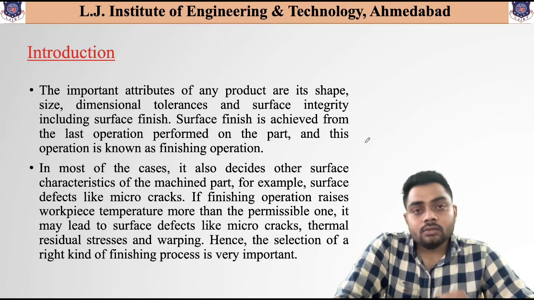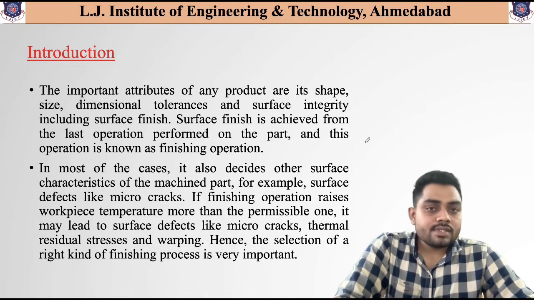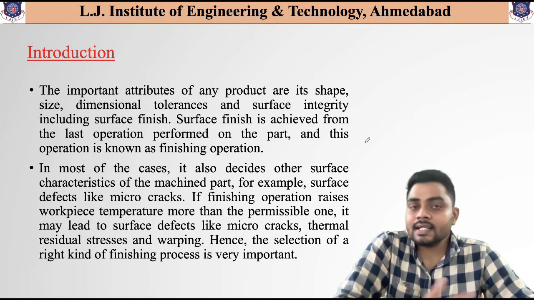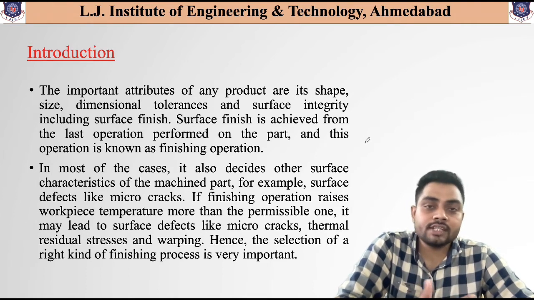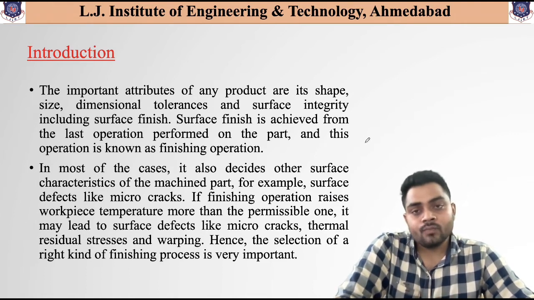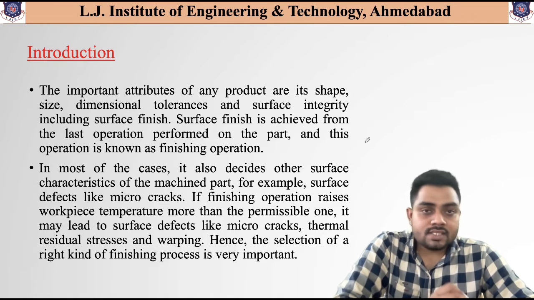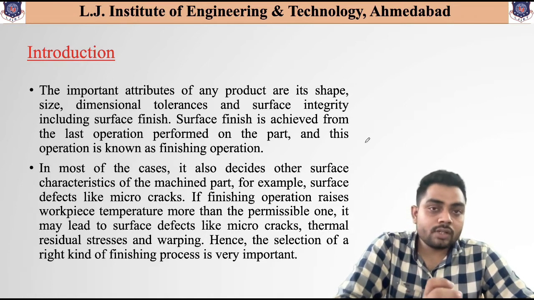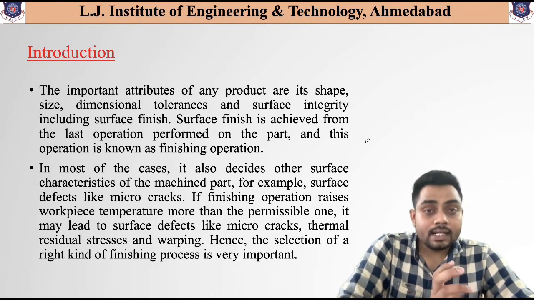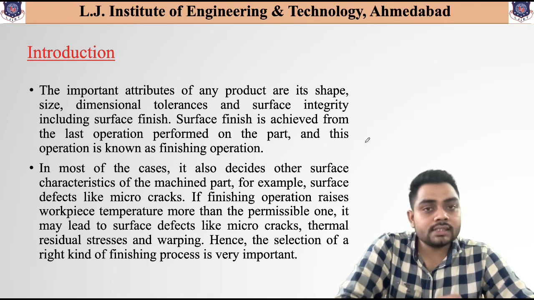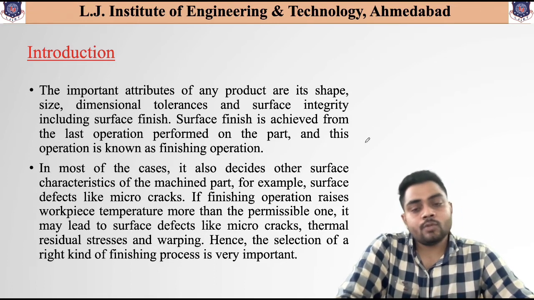right? Now there are varieties of finishing processes available, but not every finishing process is useful for every component. There are certain advantages and disadvantages of the different finishing processes. So to select the specific finishing process suitable for a particular component, it is mandatory to understand the different finishing processes.